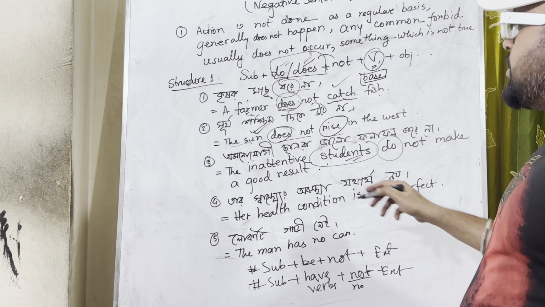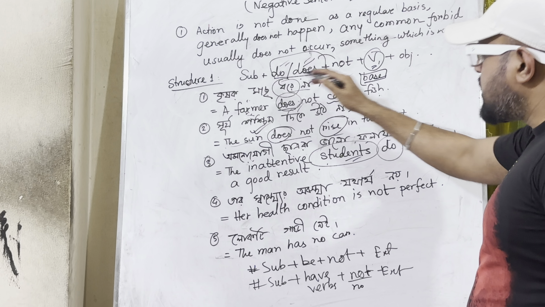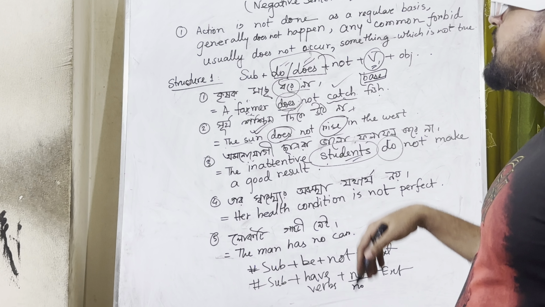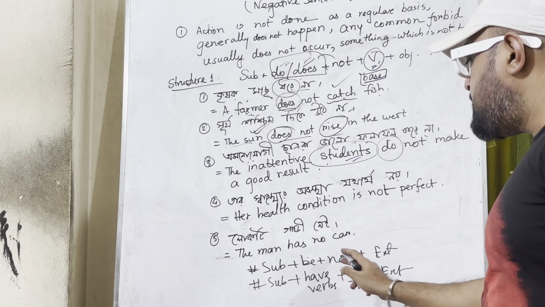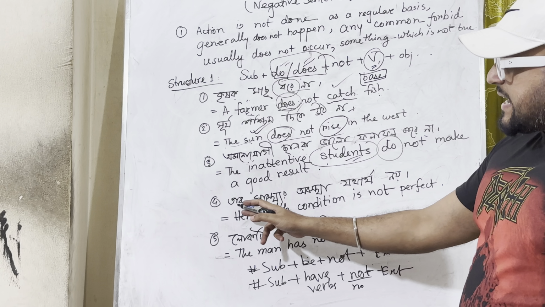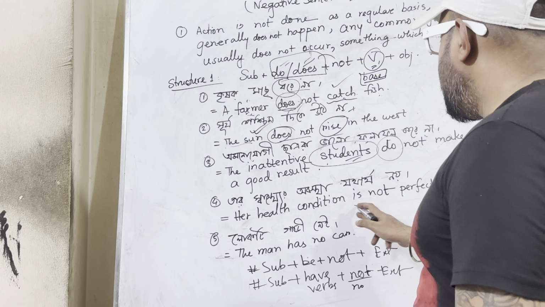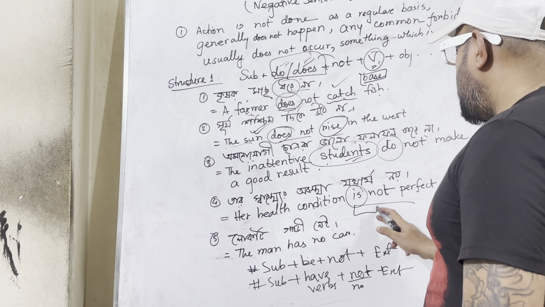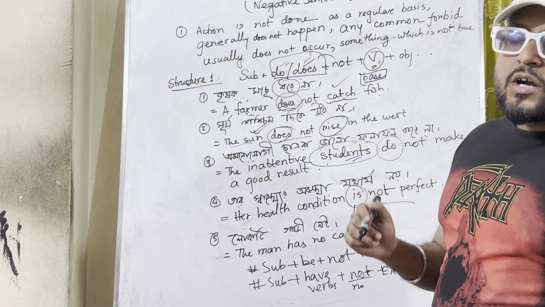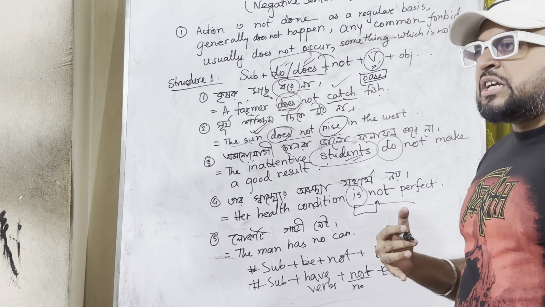Okay, so this is the way you can use do or does with the not form in your present indefinite sentences. Now let's talk about the format be plus not. Look at the sentence pattern: তার স্বাস্থ্যের অবস্থা যথার্থ নয়, her health condition is not perfect. Just use the to be verb and after that apply the negative word not, and as usual you can continue your sentence.